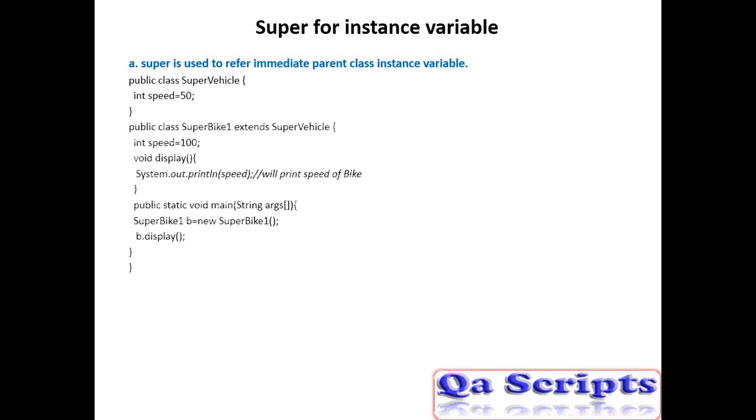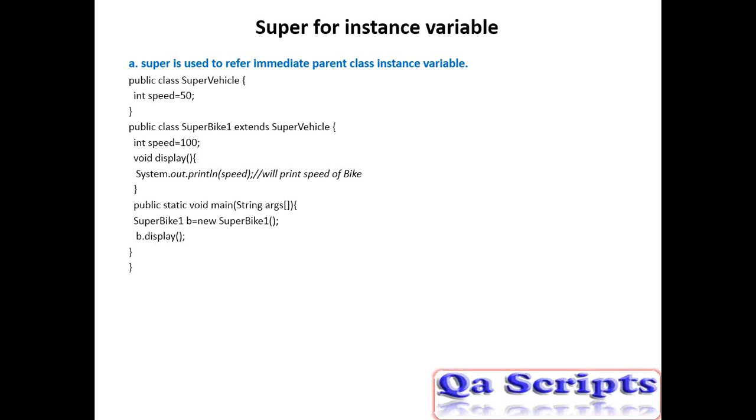I have created one more class called superbike1, and this extends super vehicle. When I extend from one class to another class, the class which extends becomes a child class. The class on the right side of extends becomes the parent class. In our example, super vehicle is the super class or parent class, and super bike is the child class.